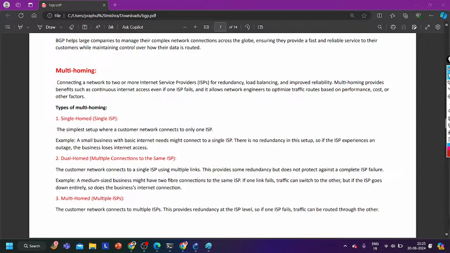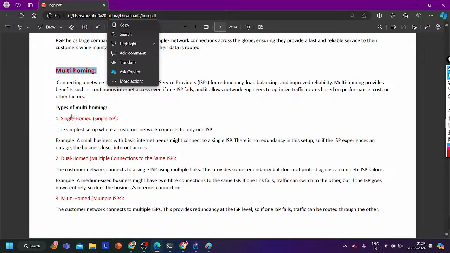Someone is looking for a mobile which takes very little time to charge. In the same way, to design and implement a network, we are going to choose the hardware as well as software according to our requirement, right?